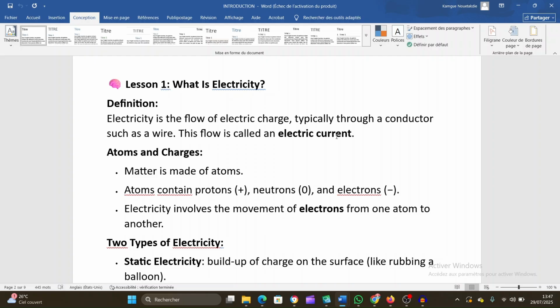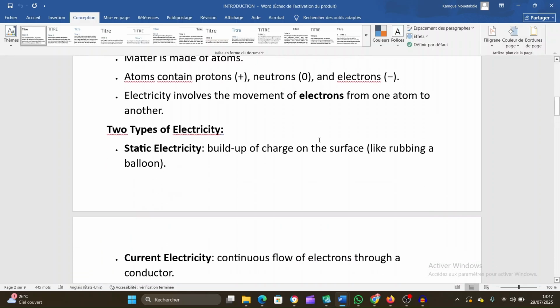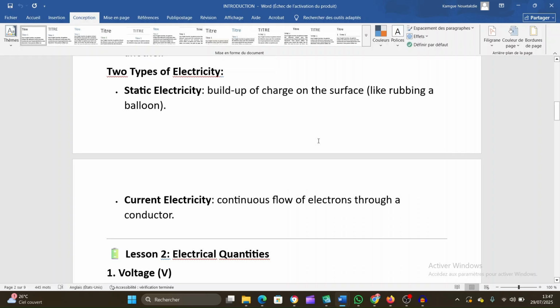The number 2 is what we call current electricity, which is commonly used in homes and any other places that you may imagine, bakeries and other places. This current electricity is a continuous flow of electrons through a conductor.